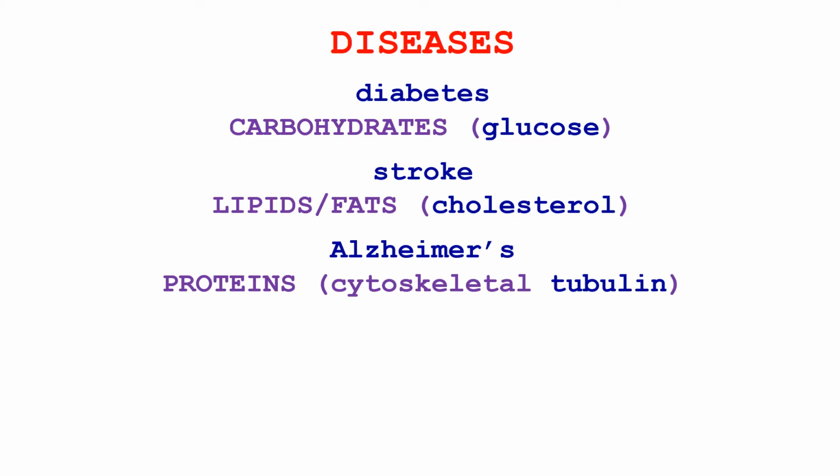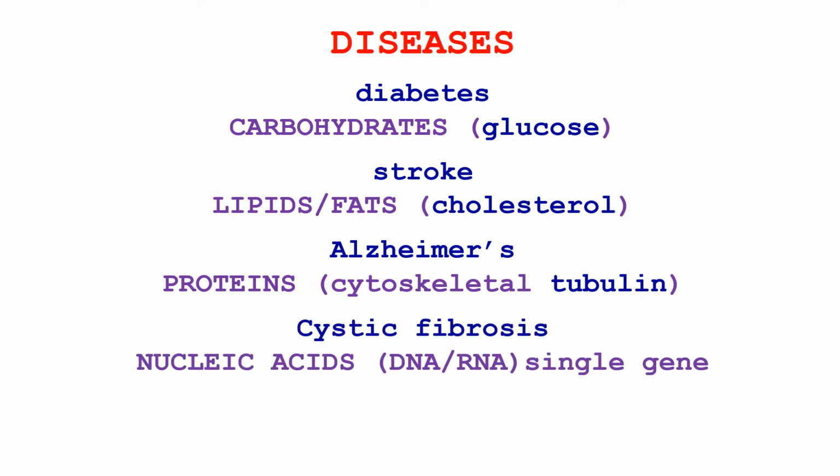Alzheimer's disease is caused by having a protein that doesn't have the proper function. Essentially, what's happening here is that the neurons are dying. And cystic fibrosis is caused by a mutation in your DNA that is going to create a protein that doesn't have the proper function. Again, shape matters when it comes to biology.